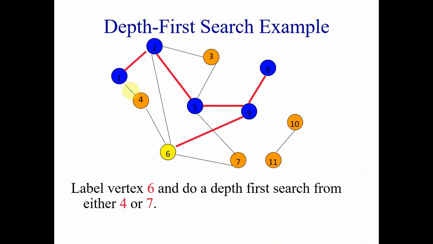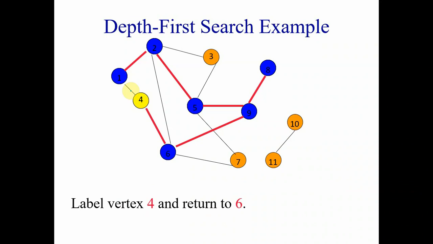And 6 will go further, either going to 4 or 7. So say 4 is selected. As 1 is already visited, it doesn't need to go further to 1. So it goes back to 6. And then 6 goes to 7.